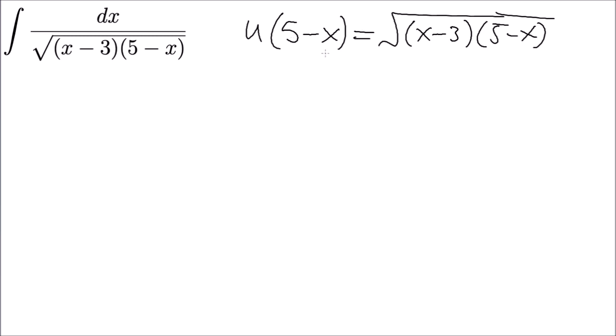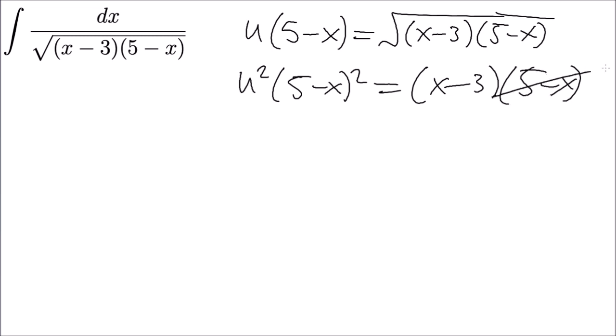Alright, now the reason why I don't like doing Euler sub and that I don't recommend it for training is because you have to literally hurry up and find du. So in this case I have 5 minus x squared, x minus 3, 5 minus x, this cancels out, right? Okay. And then I have u squared equal to x minus 3, 5 minus x.